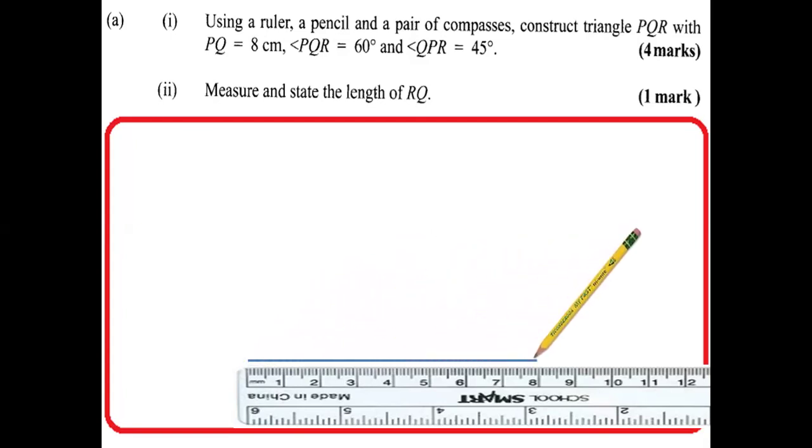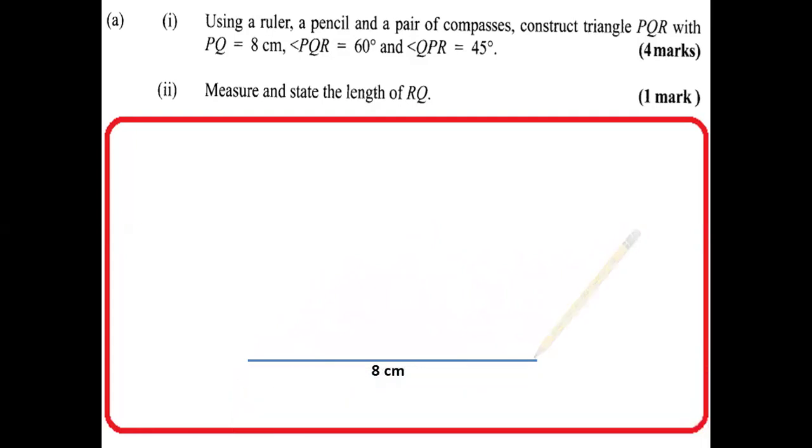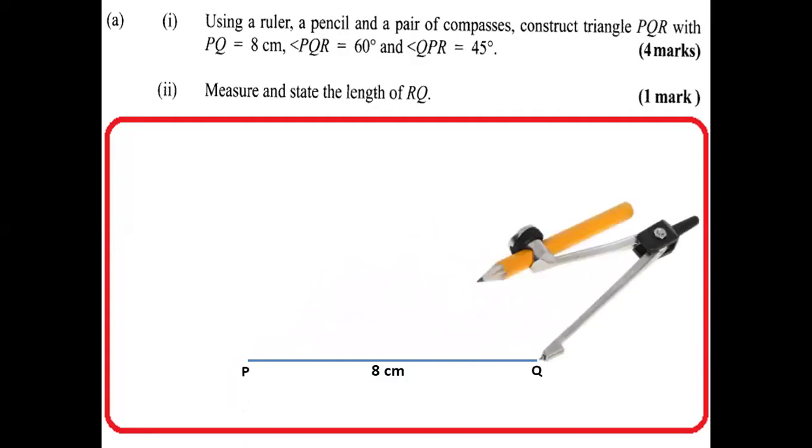You can follow using a compass and ruler if you possess them. And then we are going to be 8 centimeters. And then what we're going to do now is grab our compass. So this is the line PQ, right? And it says PQR equals 60 degrees. That means that 60-degree angle will be at point Q. I'm going to put the compass at point Q, the point of the compass, and then make a swing, cutting that line, right?